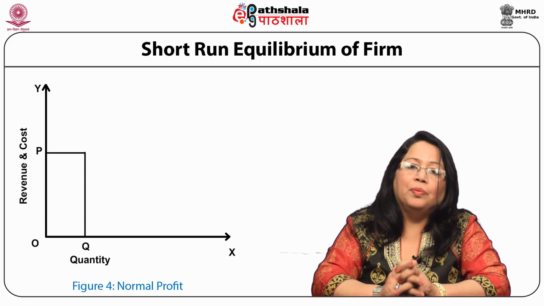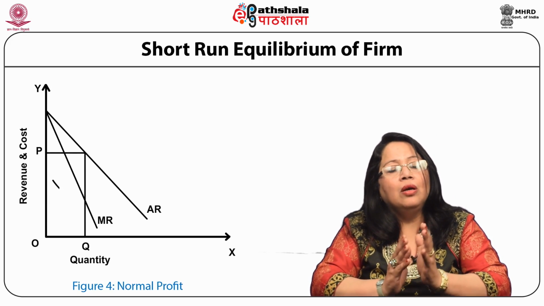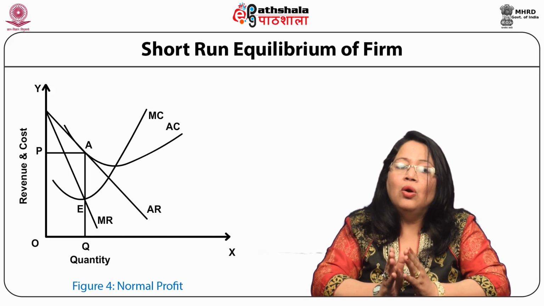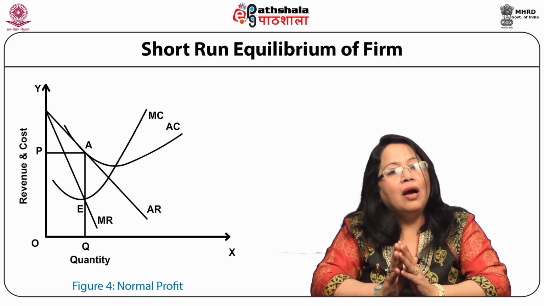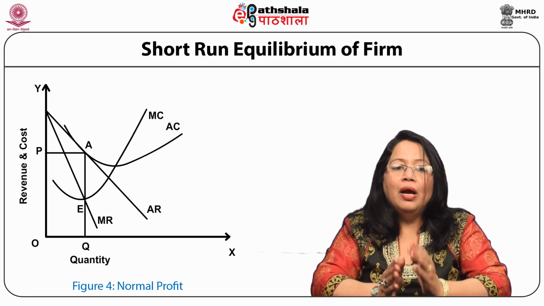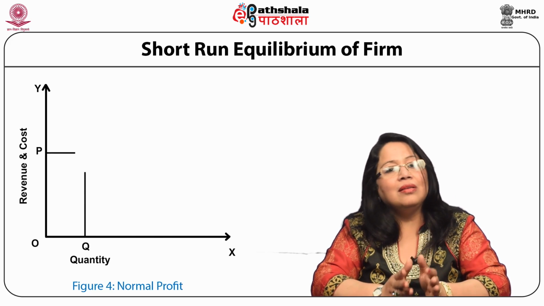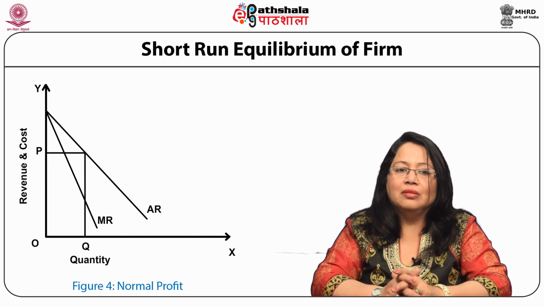The firm's equilibrium is at point E. The firm is producing OQ level of output and charging OP level of price. Here, average revenue and average cost are equal, that is AQ. So, the firm is getting normal profit.